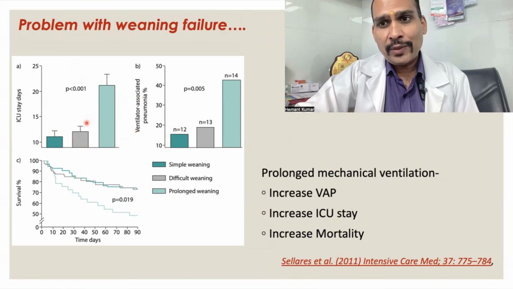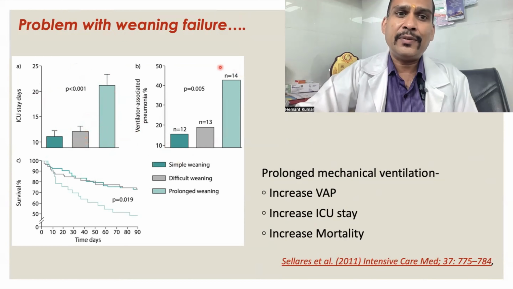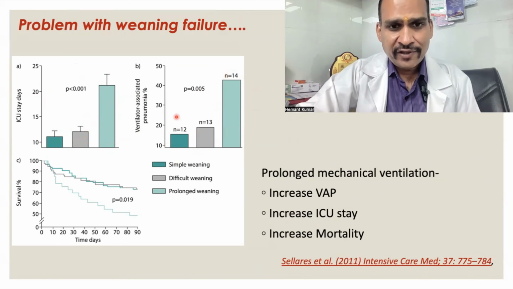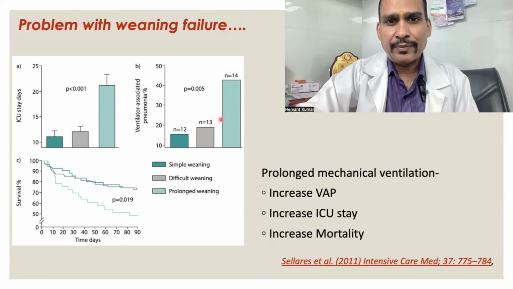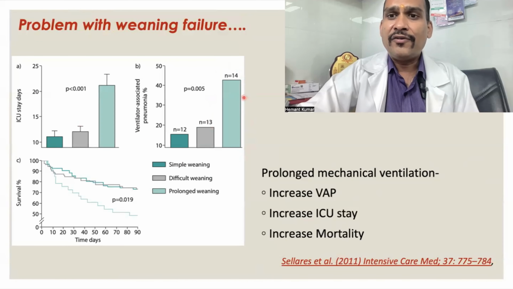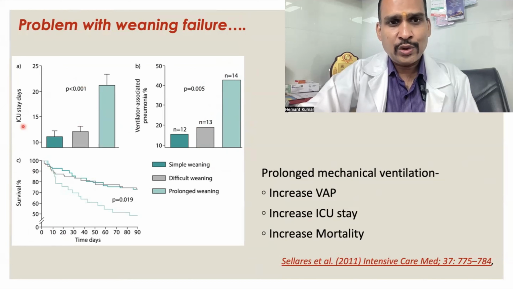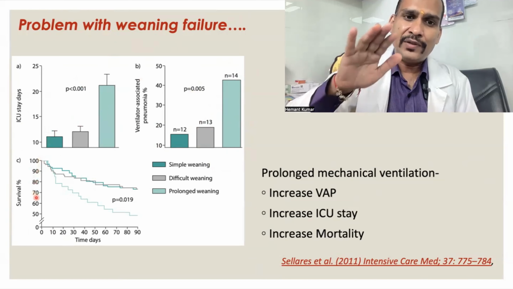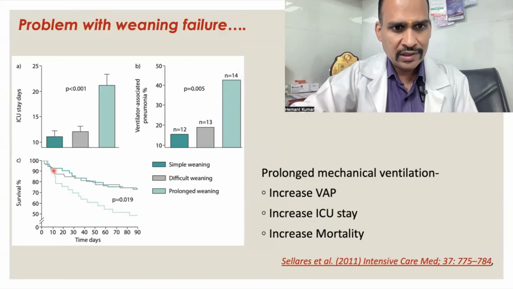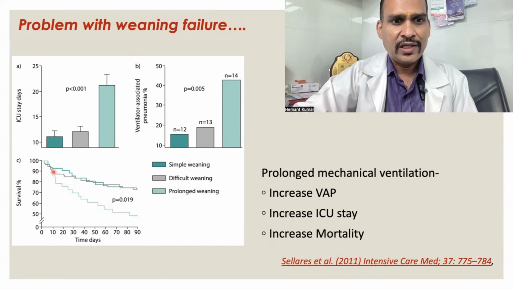If the patient requires more ICU days, the patient will get more ventilator-associated pneumonia. There is a little difference between simple and difficult weaning, but it markedly worsens in prolonged weaning. The same with survival: if the patient stays long in the ICU, survival will definitely be lower in prolonged weaning. Can you see the last one? This is survival for prolonged weaning.